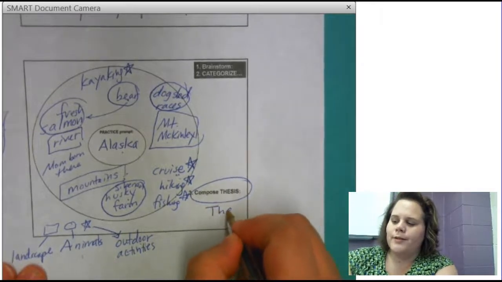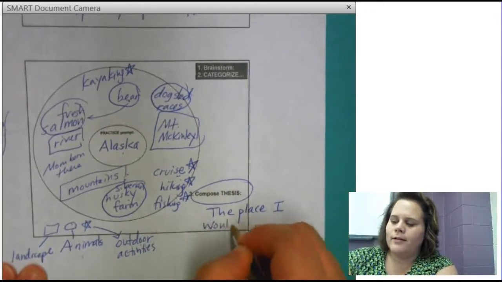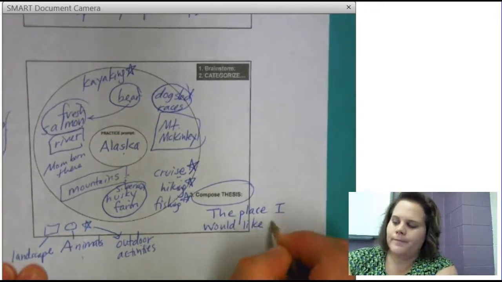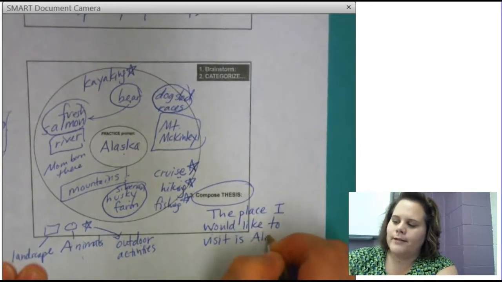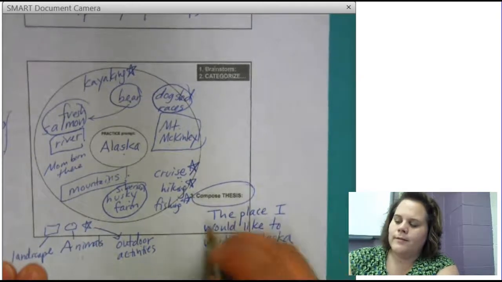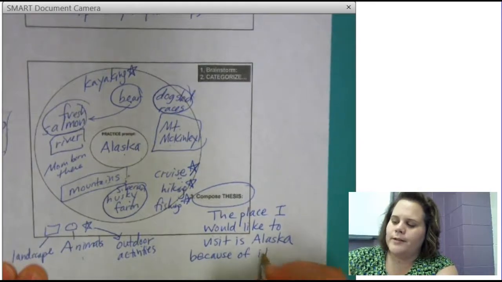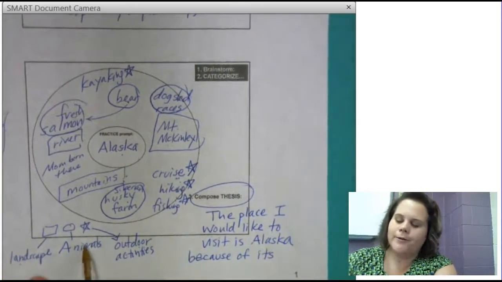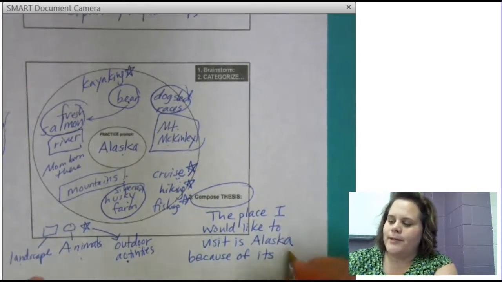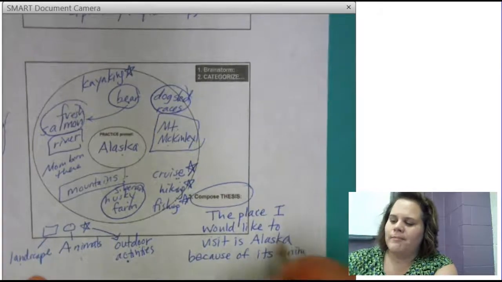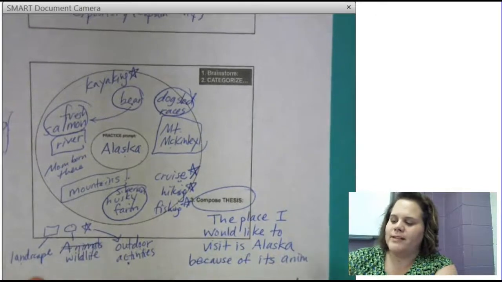So the place I would like to visit is Alaska because of its, and then remember you got some categories here, put your best one last. So maybe it's animals. If I don't want to say animals, I could also say wildlife. Maybe that sounds fancier.